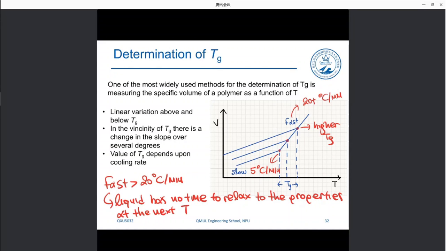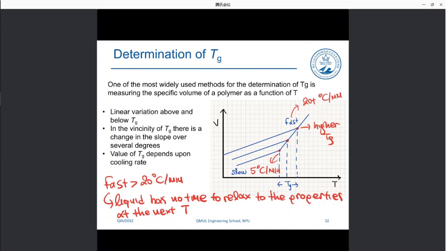If we cool it very fast, the polymer does not have enough time to equilibrate, to stabilize. And because it doesn't have enough time to stabilize, it displays a higher Tg.